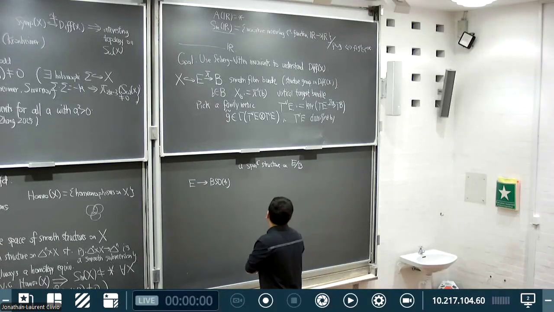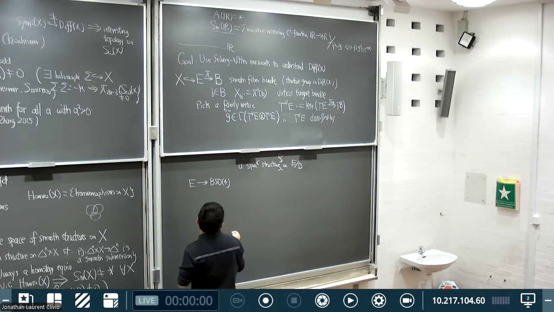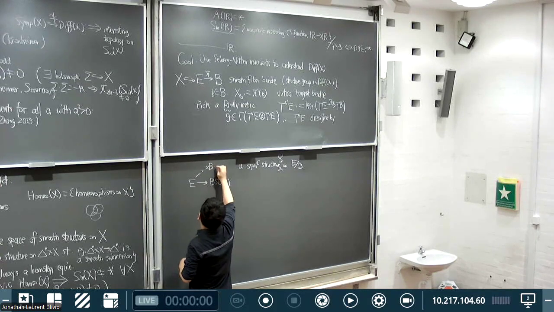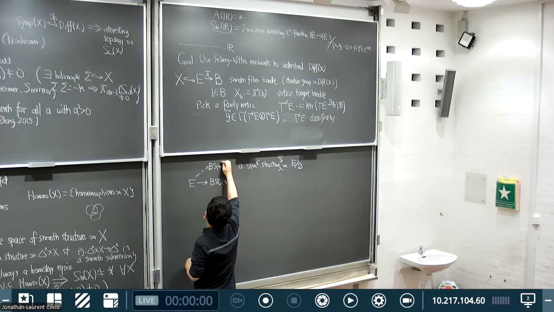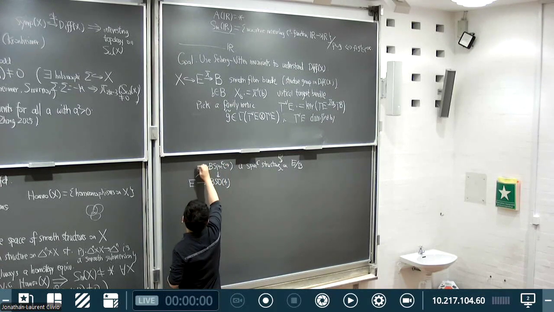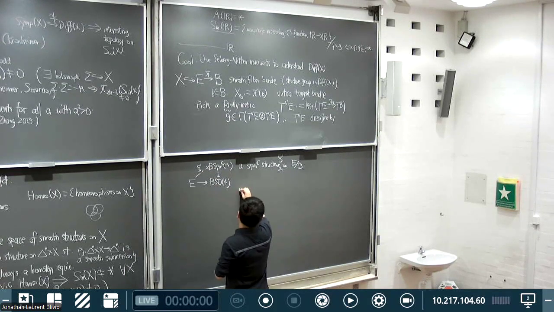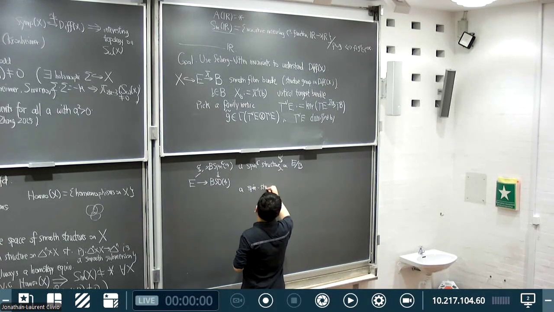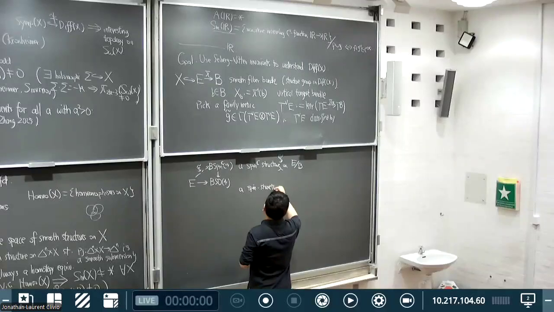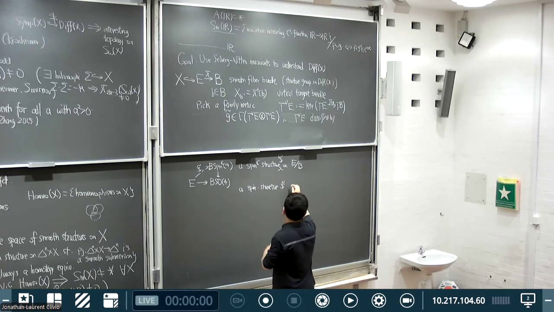A spin C structure, usually I denote as S tilde, is just a lift of this to BSpin^c. And you can also talk about a spin structure, I'm also going to use S tilde, which is a lift.